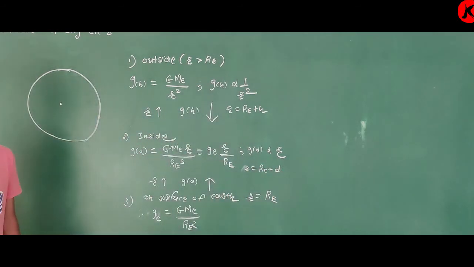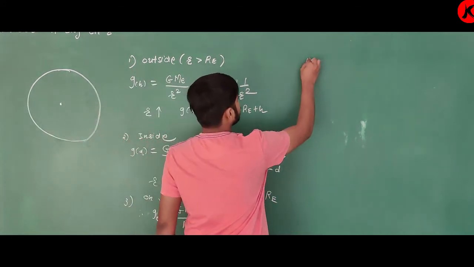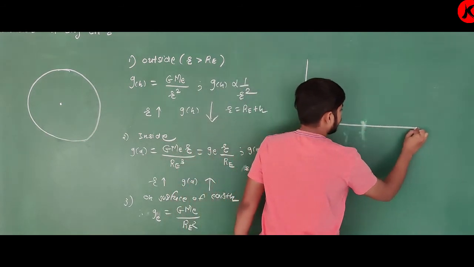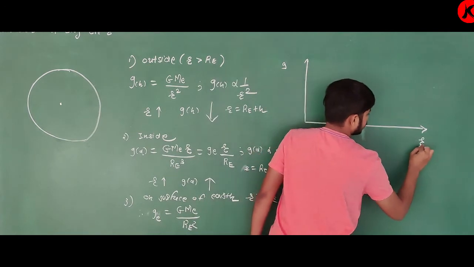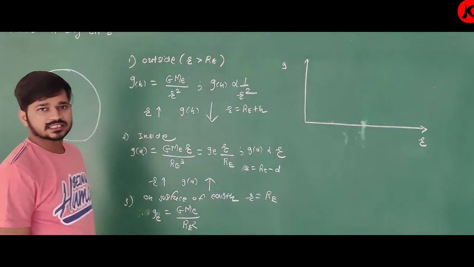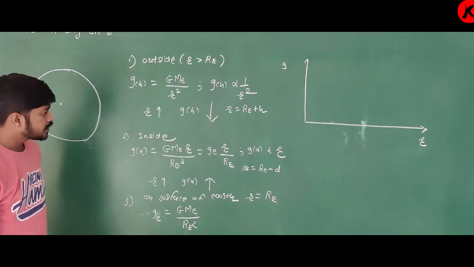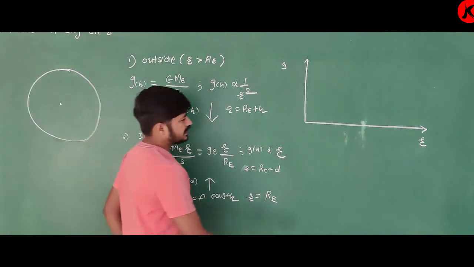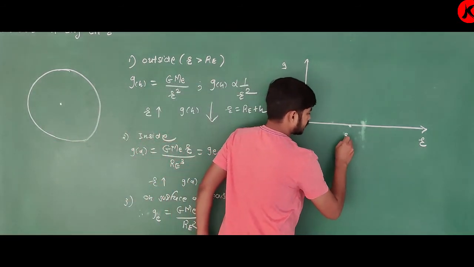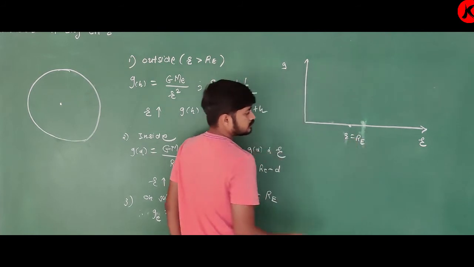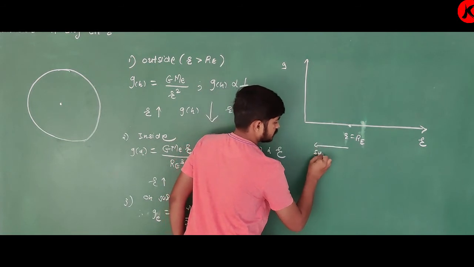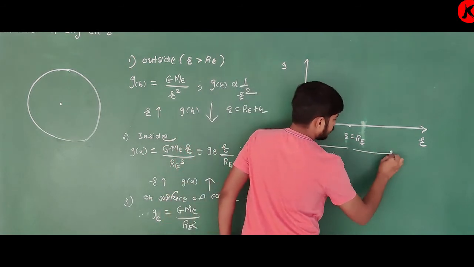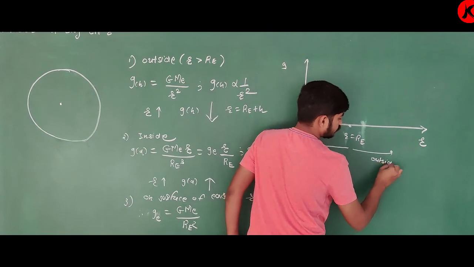In this case, r is equal to RE minus d. Now we will plot one graph between gravitational acceleration and distance from center. First of all we will take inside. Here I will mention r is equal to RE, meaning radius of Earth. So it is called inside Earth, and this is called outside Earth.